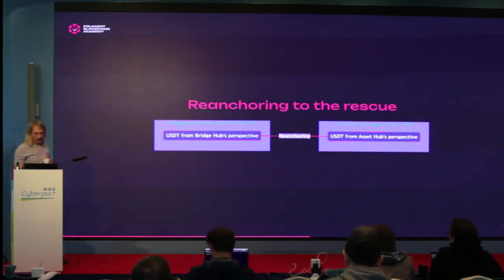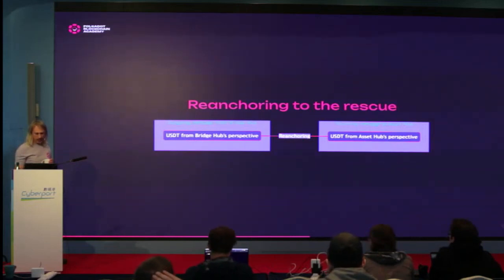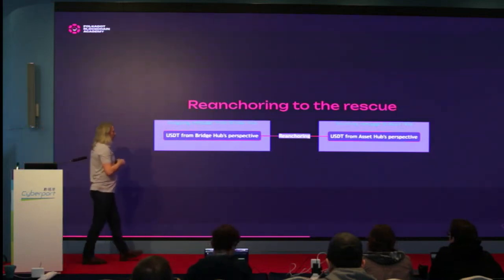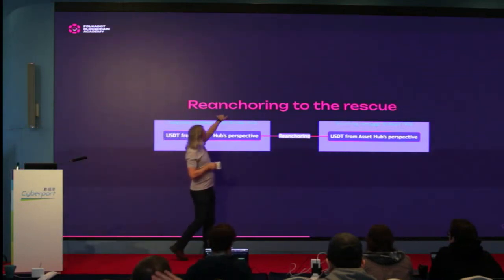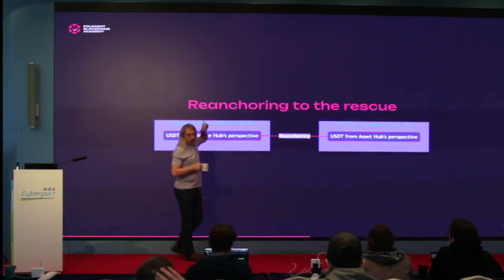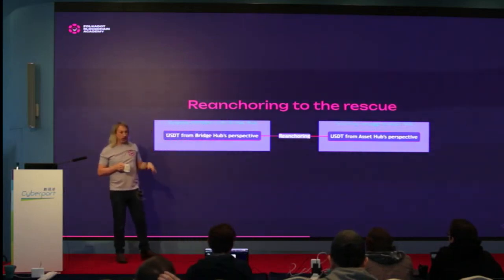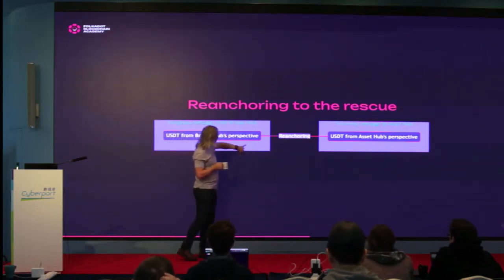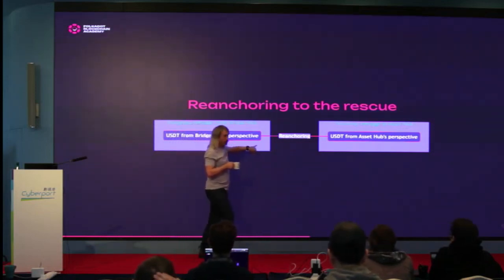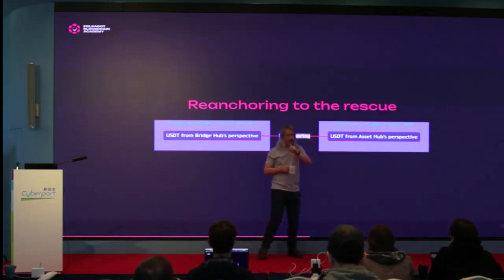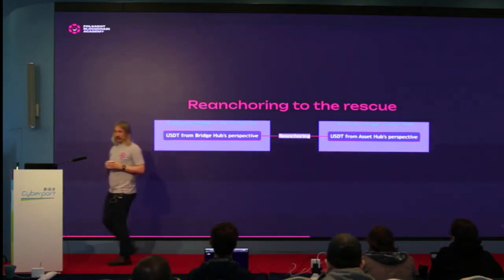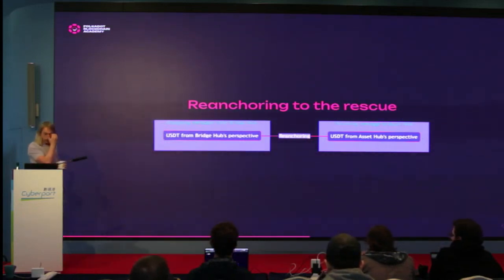I'll give specific examples of this later in case it's a bit opaque at the moment, but just beware that a facility exists in the XCM code base that allows you to translate a location that's relative from one place into a location that's referring to the same thing relative to another place. Okay? That functionality exists and it's really easy to use.